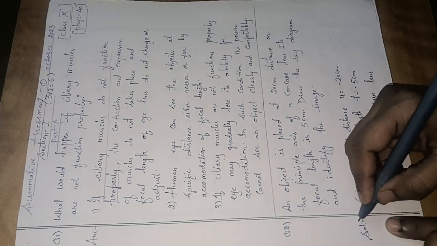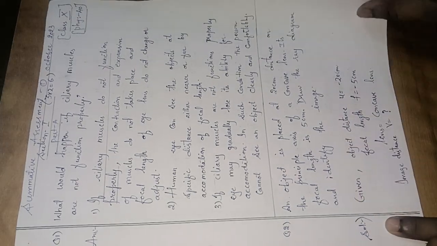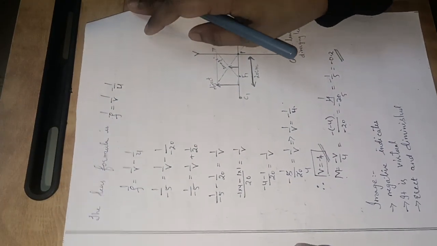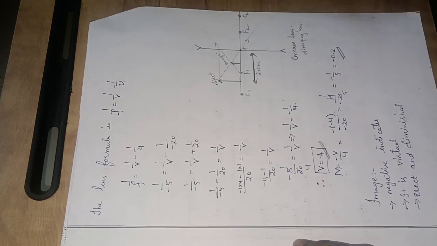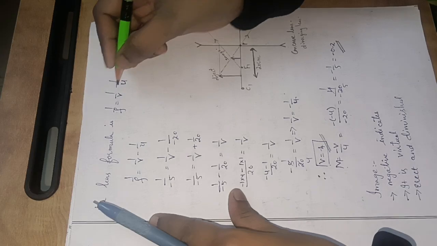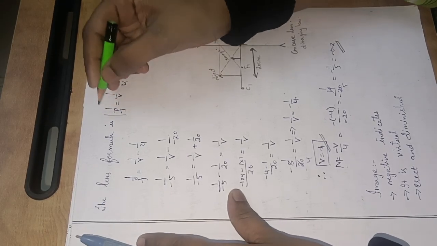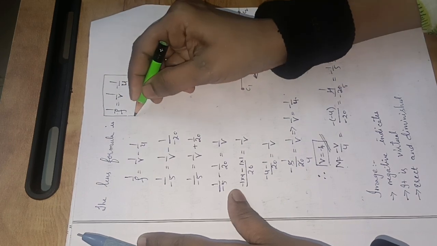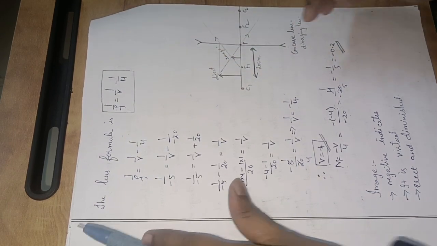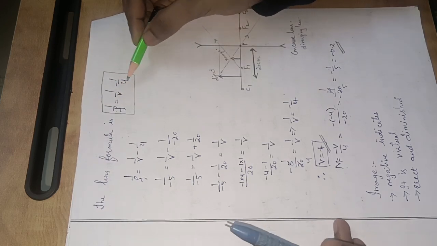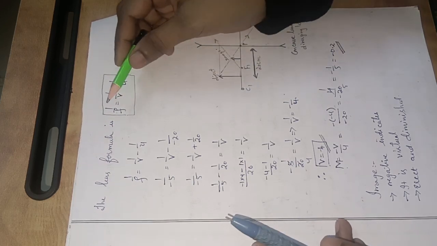Once you have collected the data, now let's start solving it by using a formula. Whenever you write any formula, you put it in a box. Which formula is it? It is the lens formula. 1 by f is equal to 1 by v minus 1 by u.